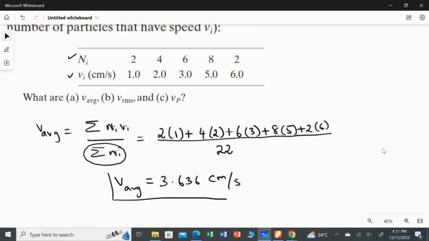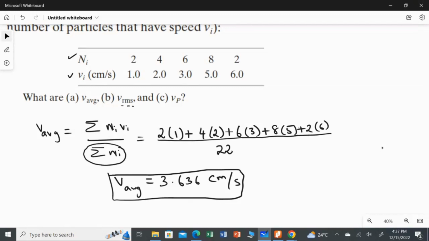Now we have to jump to the second part. We are going to find the root mean square speed. Vrms stands for root mean square: R stands for root, M stands for mean, and S stands for square.